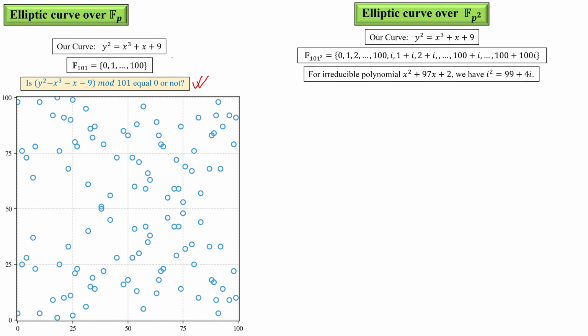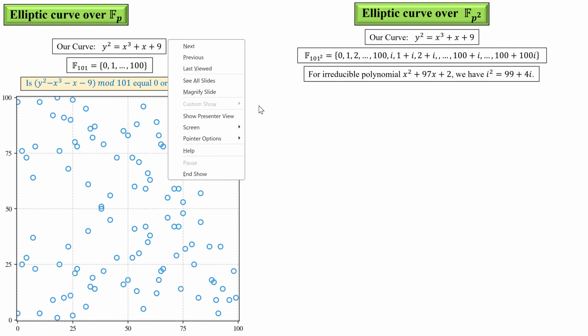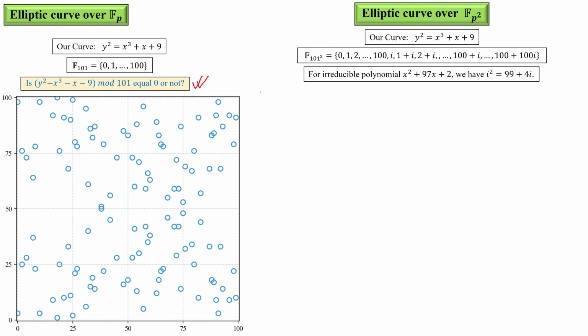So we discussed these two fields in the previous lecture. Now we want to follow the same method to generate another group using the extension field. So we say the elliptic curve over the extension field F_p squared.